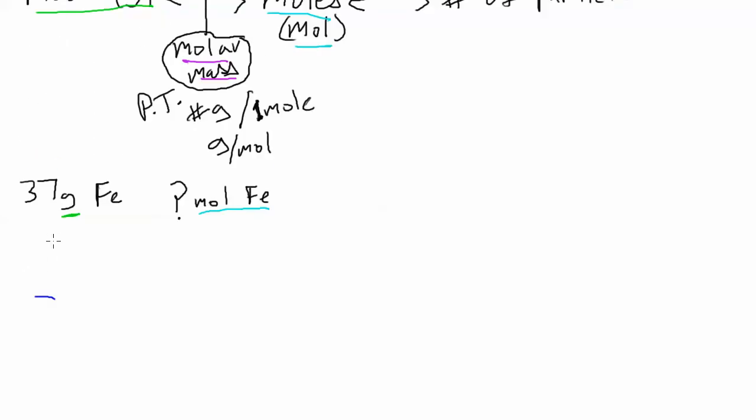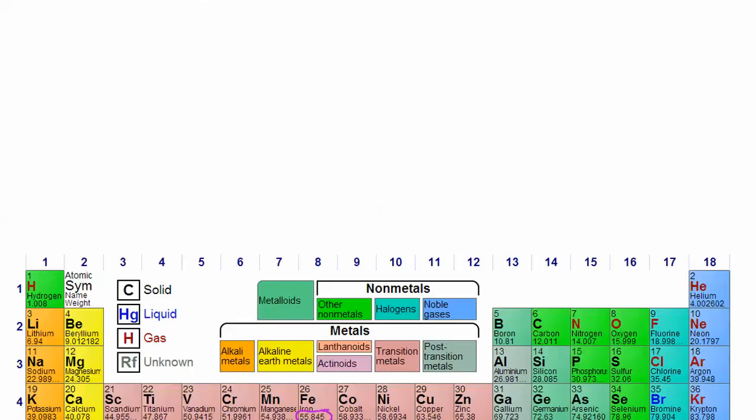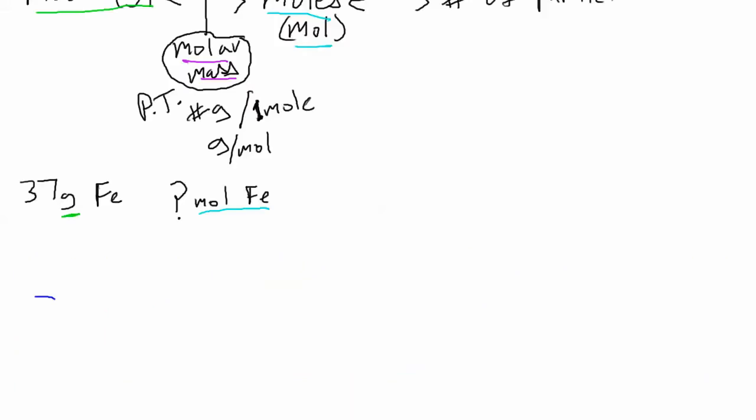All right, and so we know that 55.85 grams per mole is the molar mass of iron.